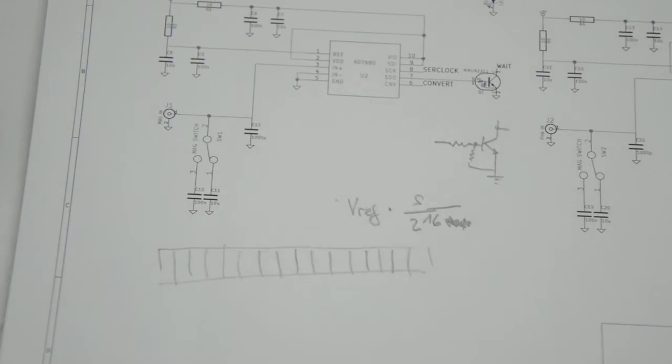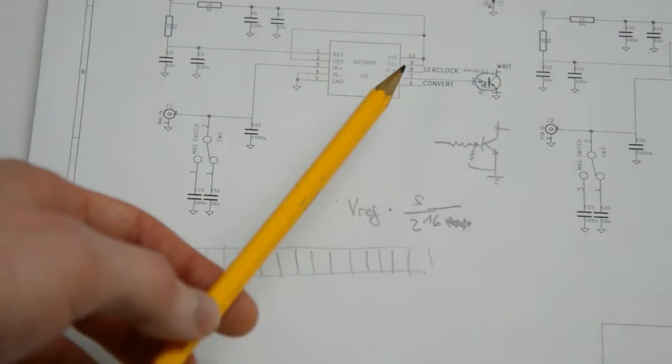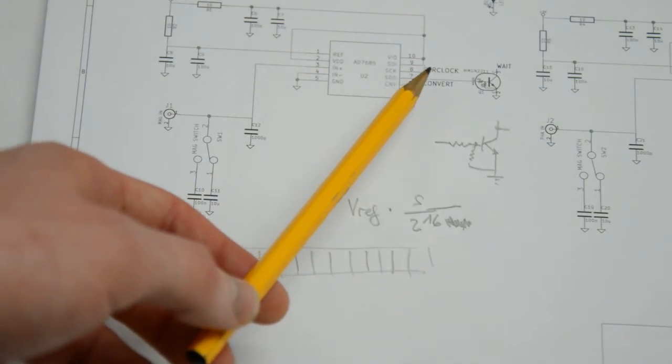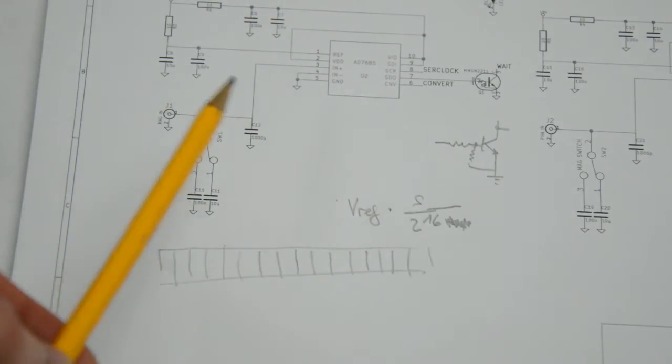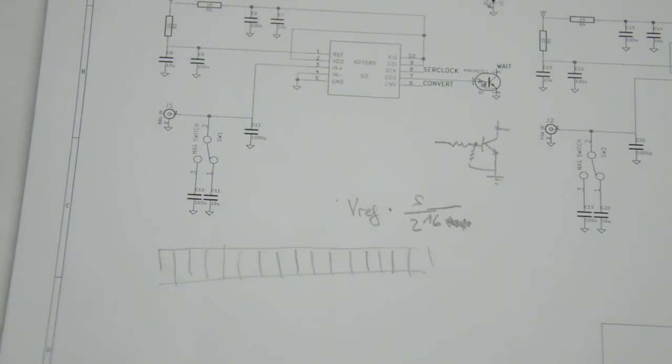So I did a bit of math here, and this just tells you how to compute the input voltage based on the measurement that you get from the ADC. Remember that as you twiddle with the serial clock line here, you're getting all the bits, the 16 bits that were acquired by the ADC. So if you've got 16 bits, you sort of have 16 boxes where you can write a 0 or 1 in there.